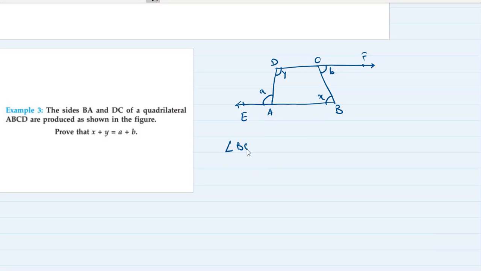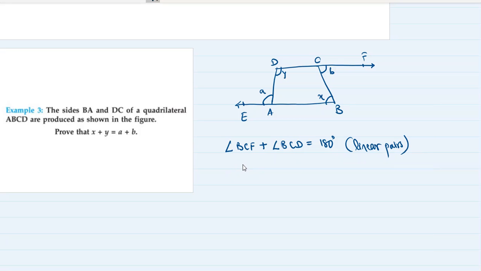Angle BCF plus angle BCD is equal to 180 degree. Why? BCF plus BCD, why is it 180 degree? Because they are linear pairs. So angle BCF plus angle BCD is 180 degree.